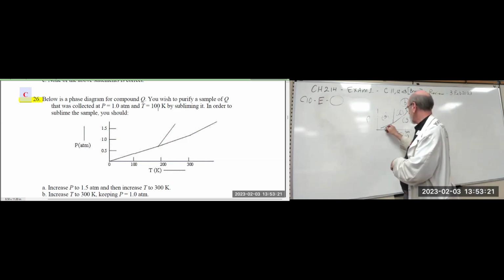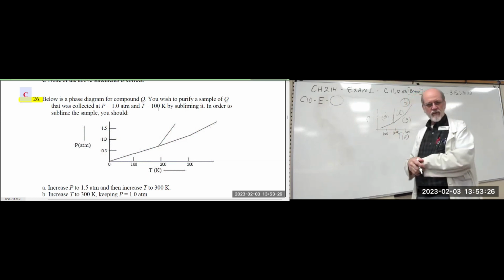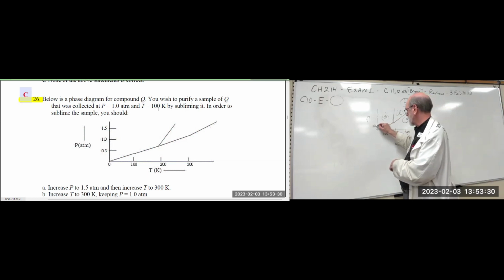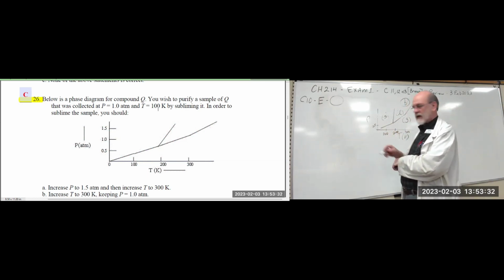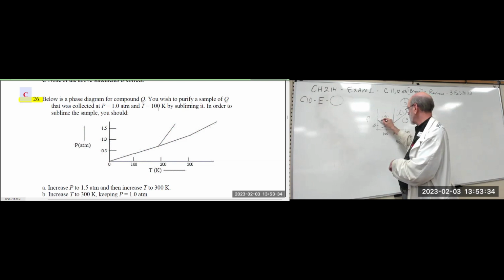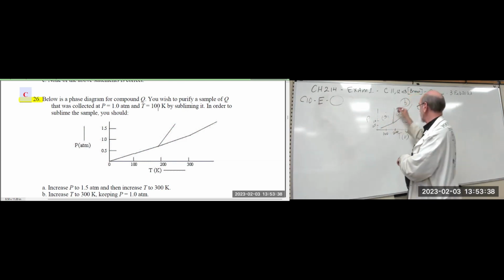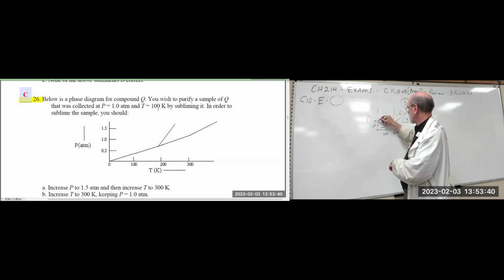And 100 is about right here. Okay, how about pressure? Right in here is about a half atmosphere. 1 atmosphere is right up in this neighborhood. And then 1.5 is on up here.